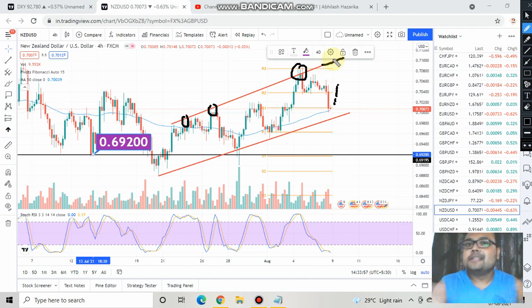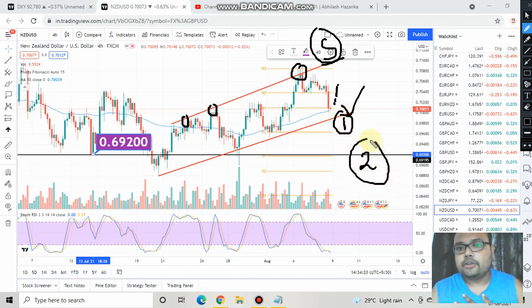If you see, just like the previous times, that price is struggling at the trend line, then you'll get the confirmation that this trend line is a valid resistance and you can short the market. But the most likely possibility is that the market will come down, take support and bounce from here. So this is your first trading opportunity to buy, this is your second trading opportunity to buy, and this trend line is your third opportunity to sell.